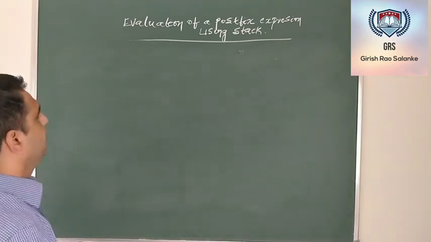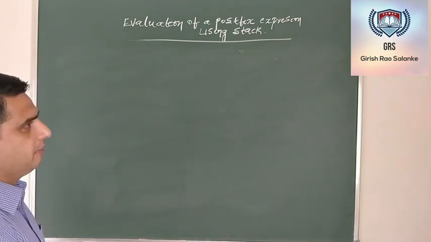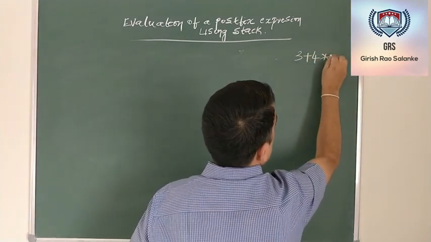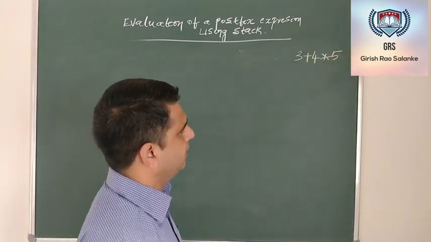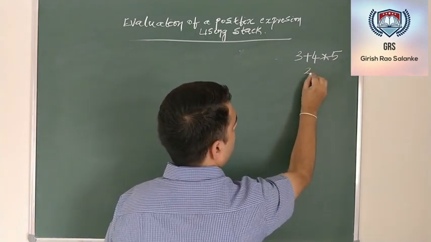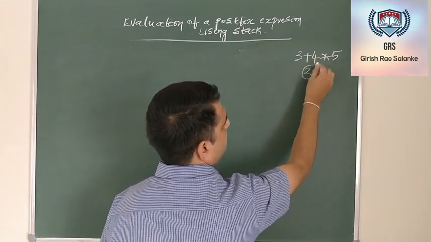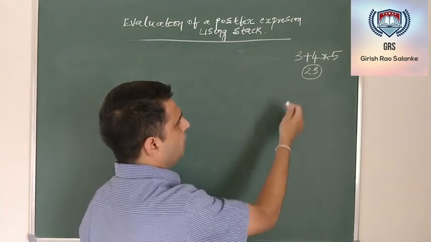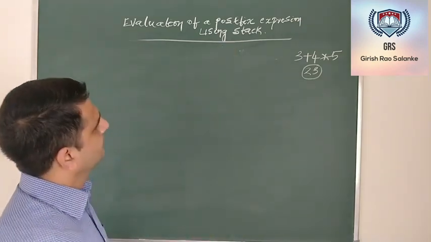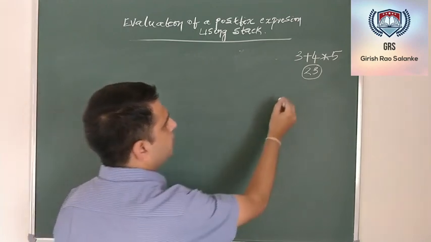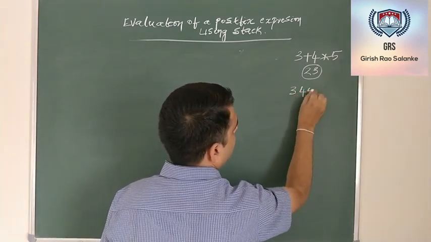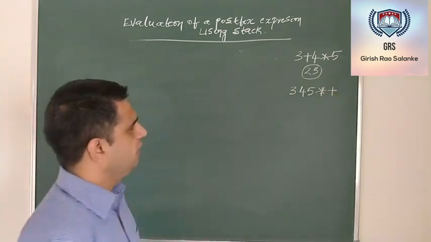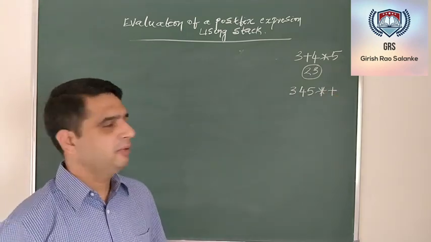Now I'll take the previous example: if my infix expression was 3 plus 4 multiplied by 5, the answer that I got was 23, that is 4 into 5 is 20, plus 3 is 23. For this algorithm, the input is the postfix expression. The equivalent postfix expression for this is 3 4 5, multiplication and addition.